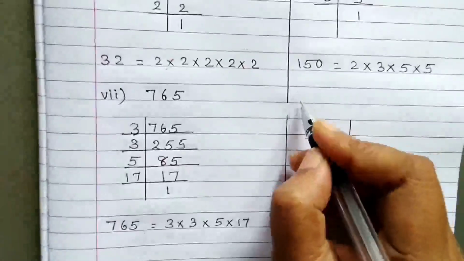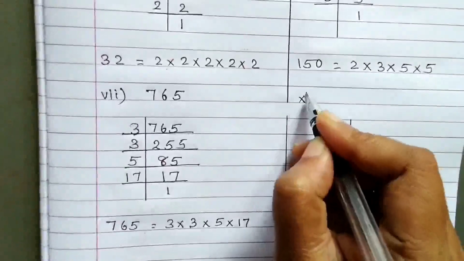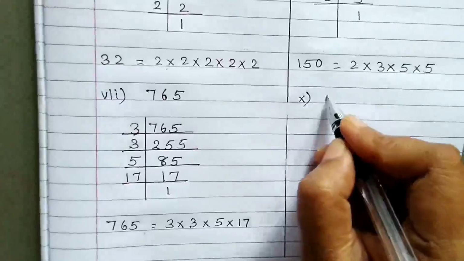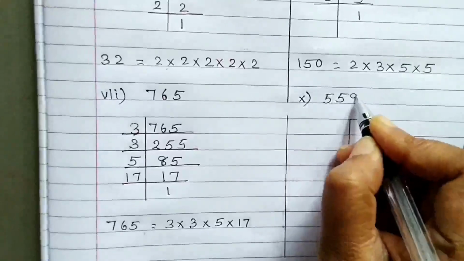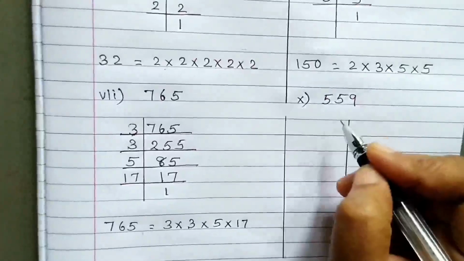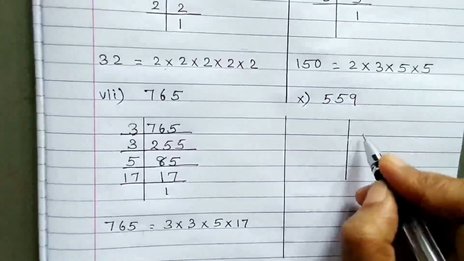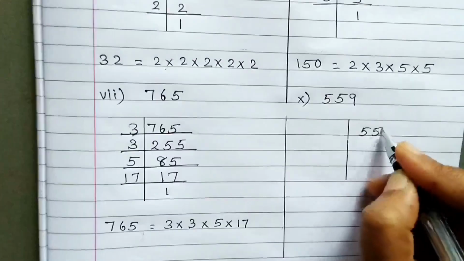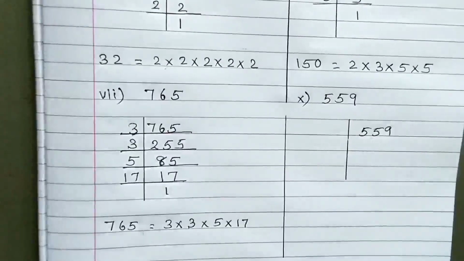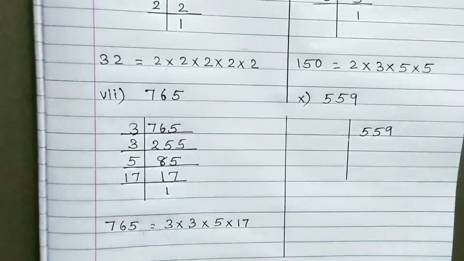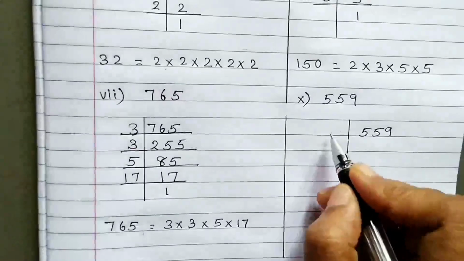Let's try another number. The 10th question. The number is 559. This is a tricky one because this is a product of prime numbers. So 559, if you see, it's not divisible by 2, neither by 3, 5, 7. Directly, if you try, it is divisible by 13.